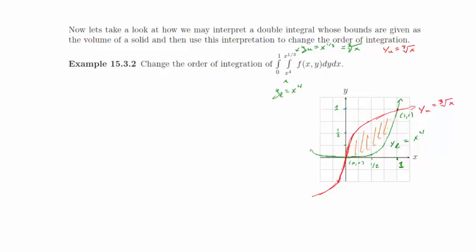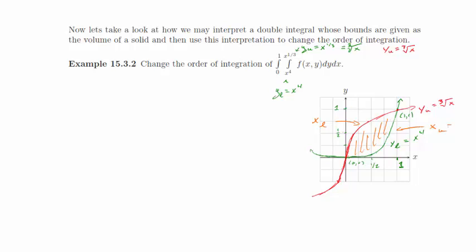So as we have this set up, the y lower bound is x to the fourth, the y upper bound is the cube root of x, and we want to switch now where I want this to be the x lower, is the left one, and the x upper is here.